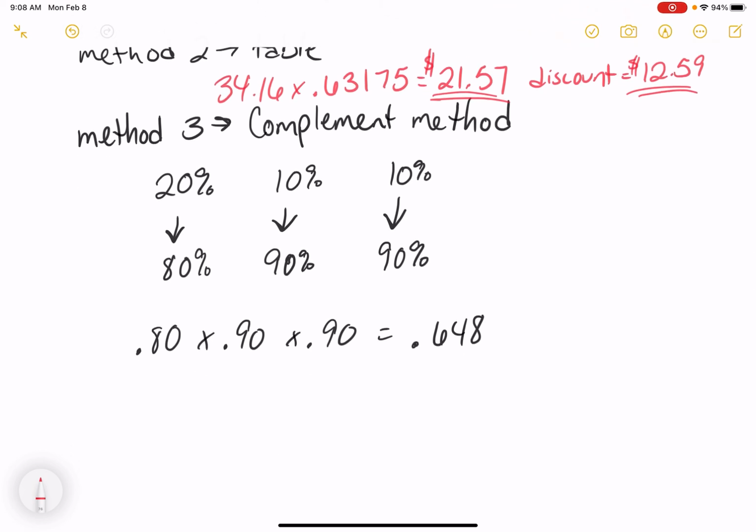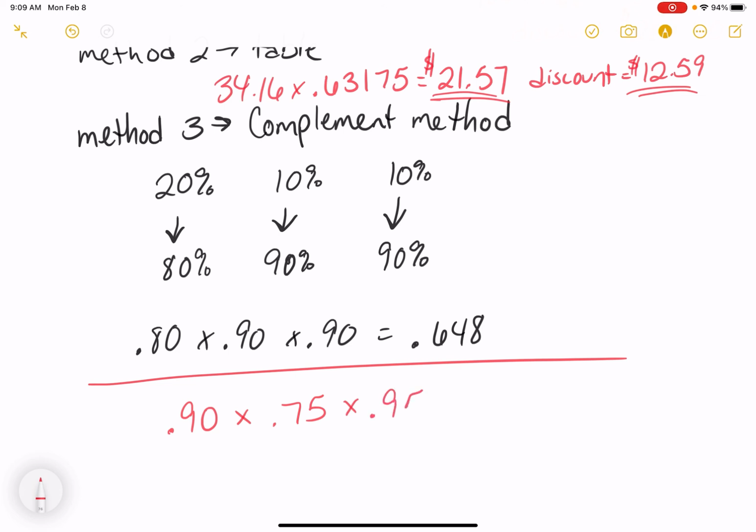And the last method, my favorite method, the complement method for 10%, 25%, 5% with a list price of $12.80. So what is the complement of 10%? 90. What is the complement for 25%? 75%. And the complement for 5%? 95. So 0.64125.